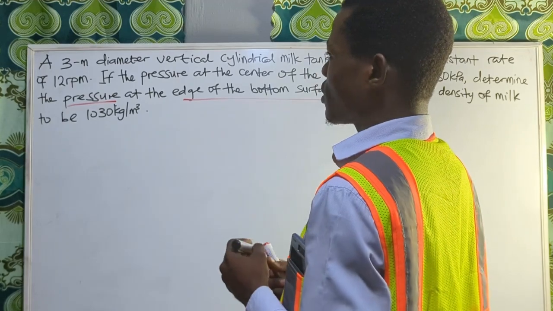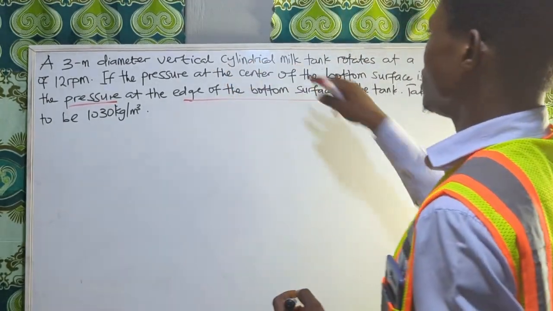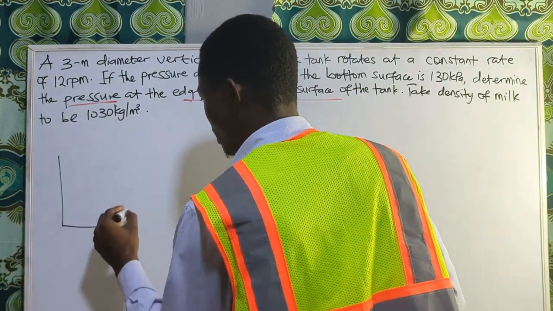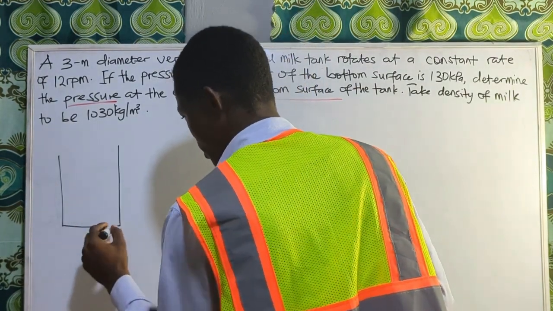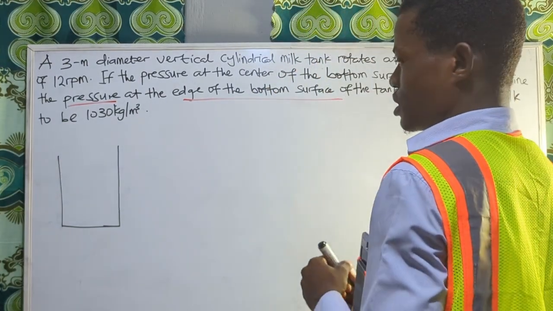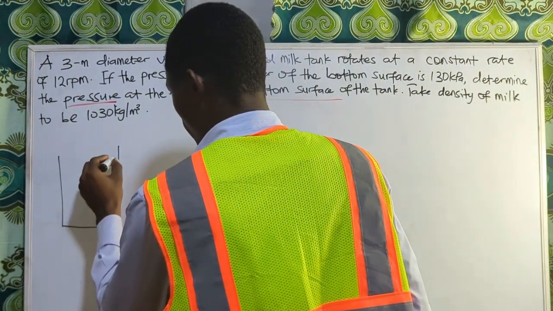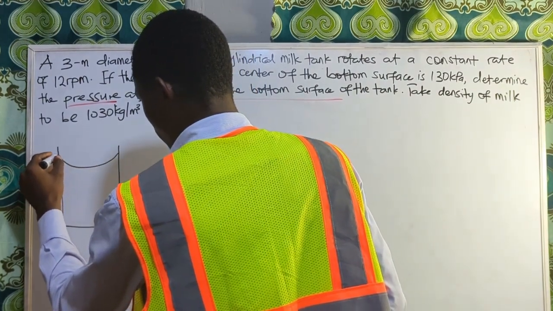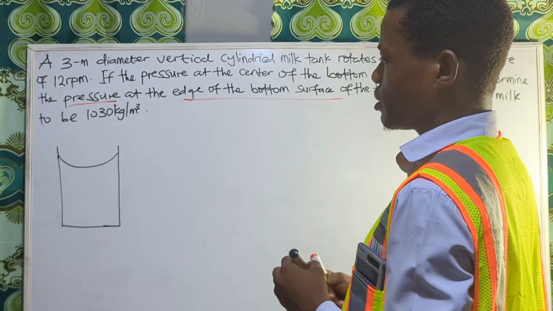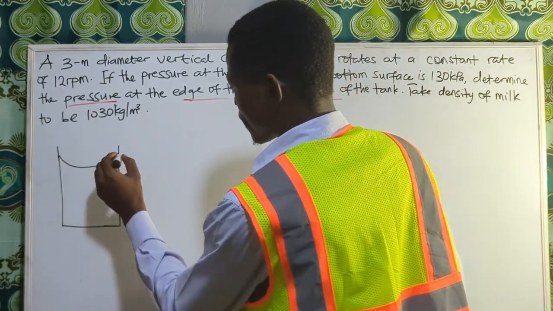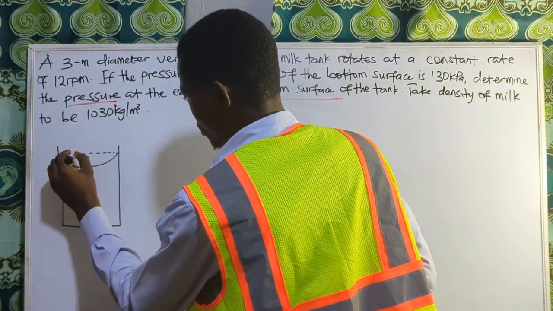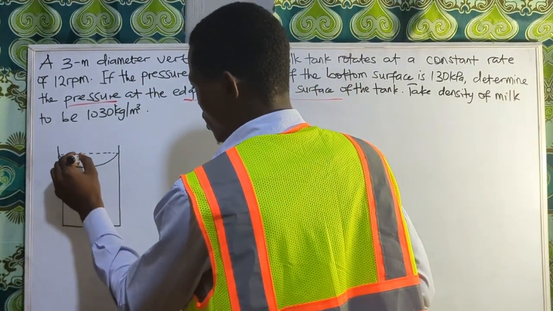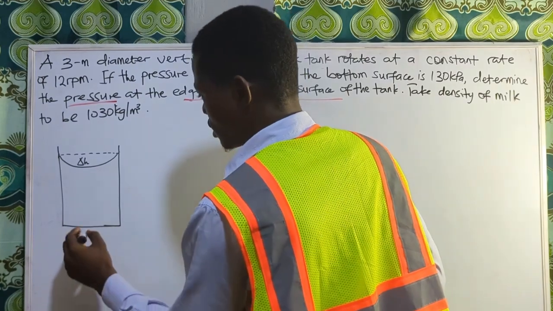Since it's a cylindrical tank, we have to draw something that looks like a cylinder here. And it's a free surface question, so we'll have a liquid filling up the container. We have this here, and this is going to be our change in H.